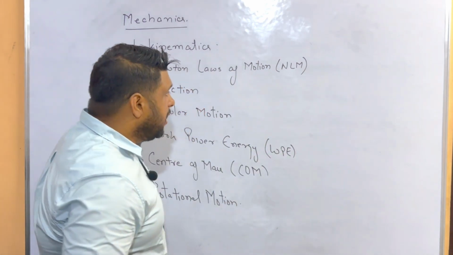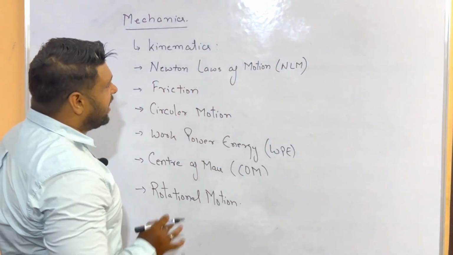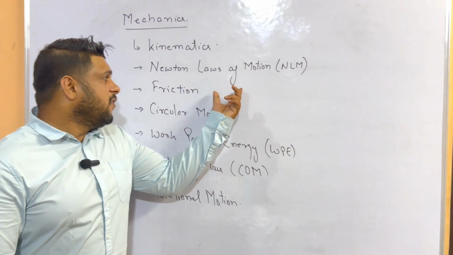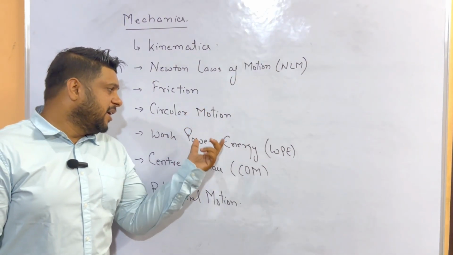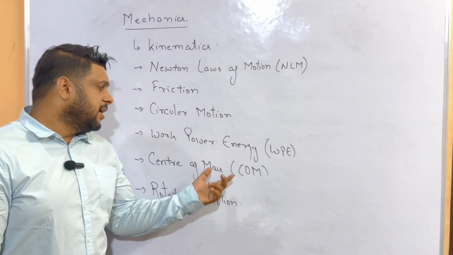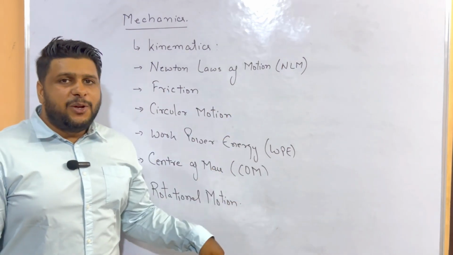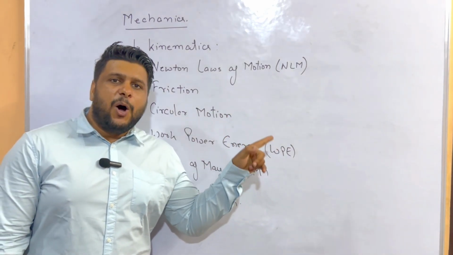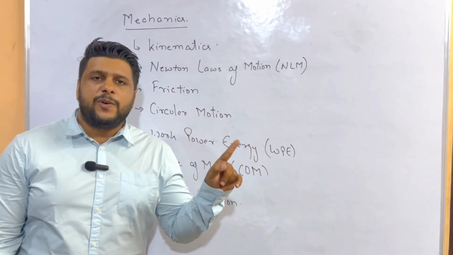Now if you see these things, we have kinematics, Newton's laws of motion, friction, circular motion, work, power, energy, COM, and rotation. Can you see that all these chapters are related to class 9th?